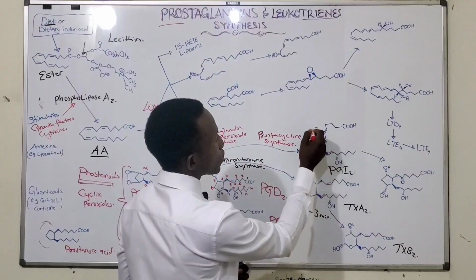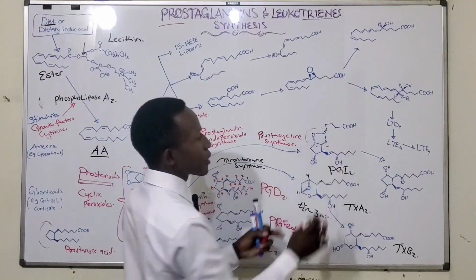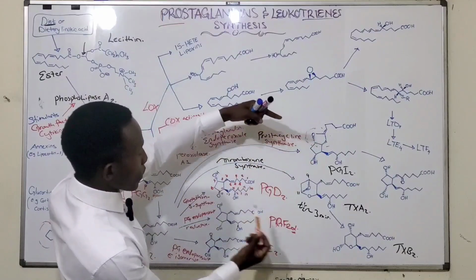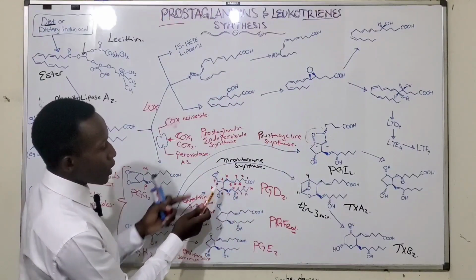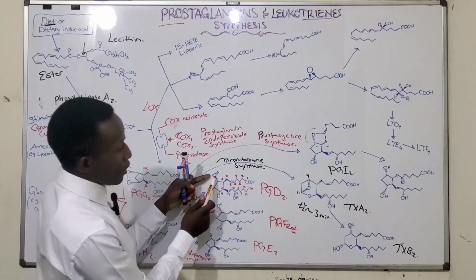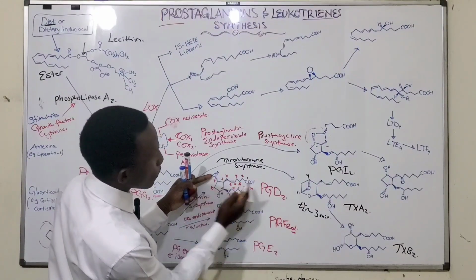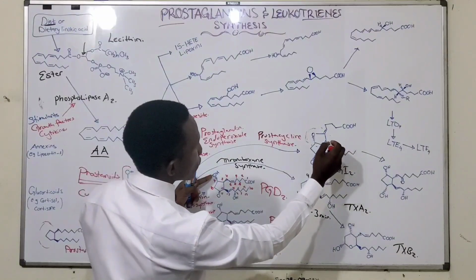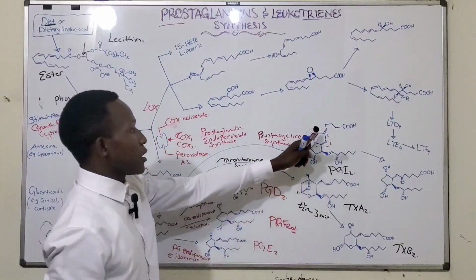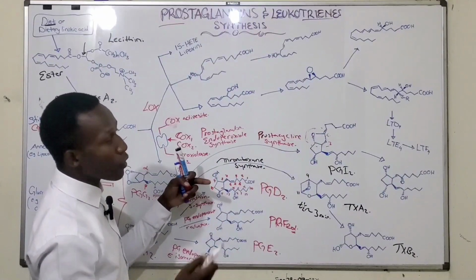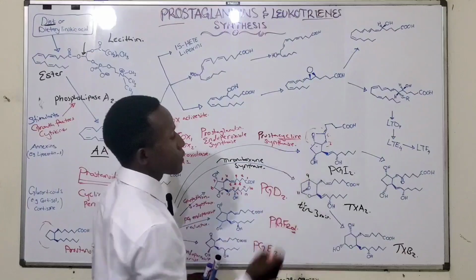It's due to the addition of another ring. We used this carbon 7 and this oxygen here. This is 7 and this is 6. They combine with this oxygen to form another ring. So they are called prostacyclins.